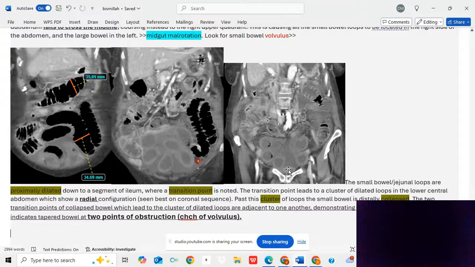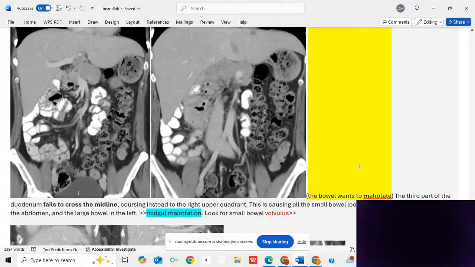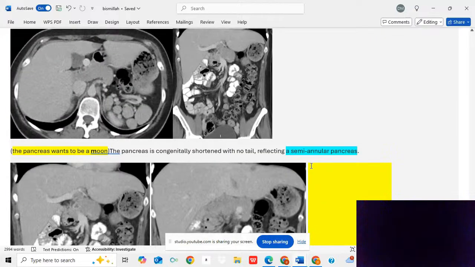Just remember that. Who led you to the diagnosis of volvulus? The midgut malrotation. Who led you to the diagnosis of the midgut malrotation and the semi-annular pancreas?